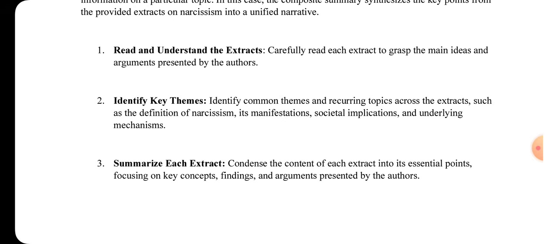Now, first of all, this is what you should do. Read and understand the extracts carefully. Carefully read each extract to grasp the main ideas and arguments presented by the authors. Read them well to get all the ideas, to understand what they were talking about.